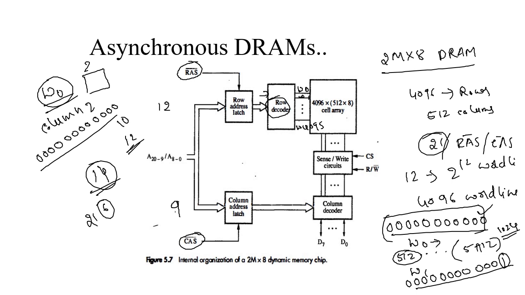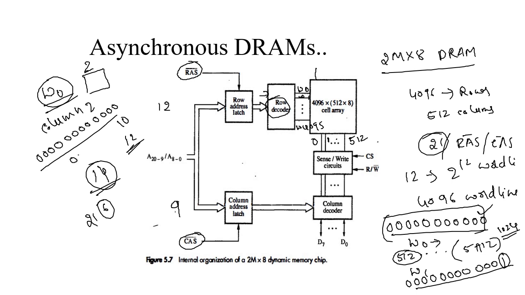The column address can be column address 0, column address 1, up to column address 512. Since it is column 2, it is 00, 01 and 10.